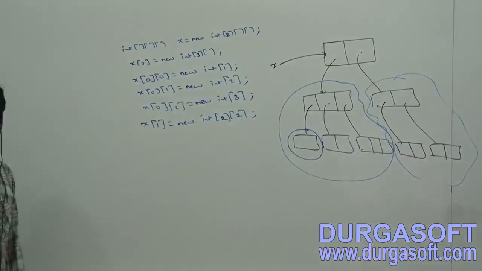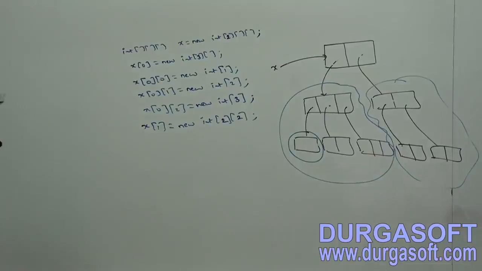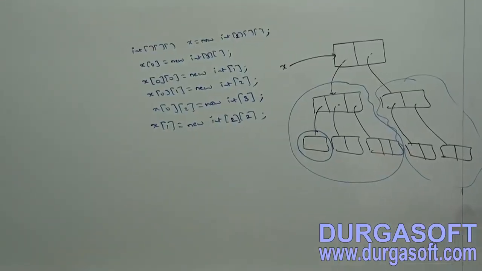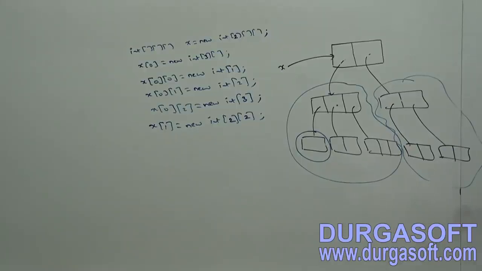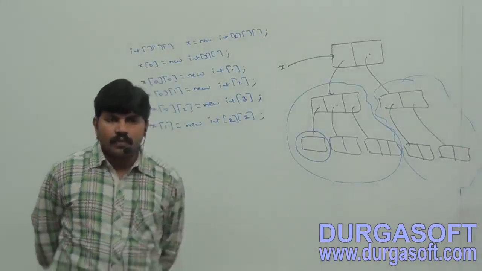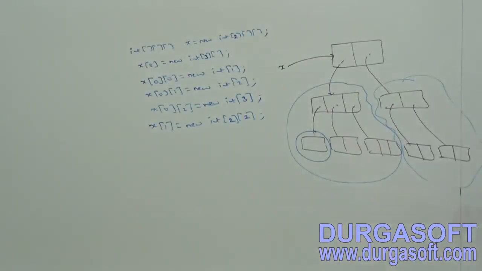Now how to create 2-dimensional array with variable sizes. Take clearly.